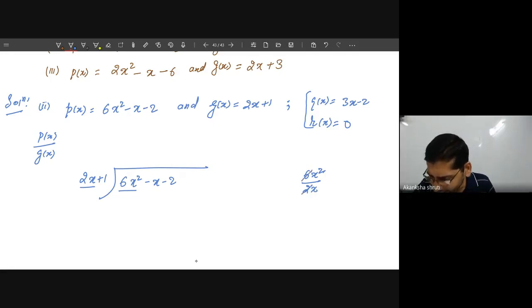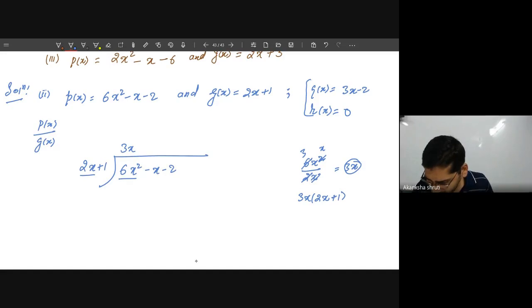Here 3 is left, and x is also getting cancelled, leaving x square over x, so this is our 3x. Now this 3x has to be written at the top. That will give the first term of the quotient. But this 3x has to be multiplied with the entire divisor to get the term for subtraction from the dividend. So multiply 3x with 2x plus 1.